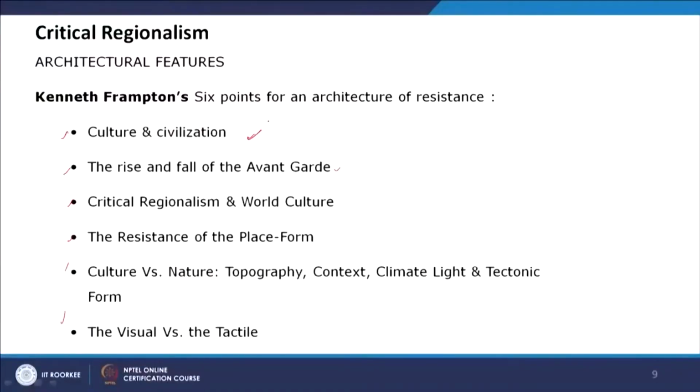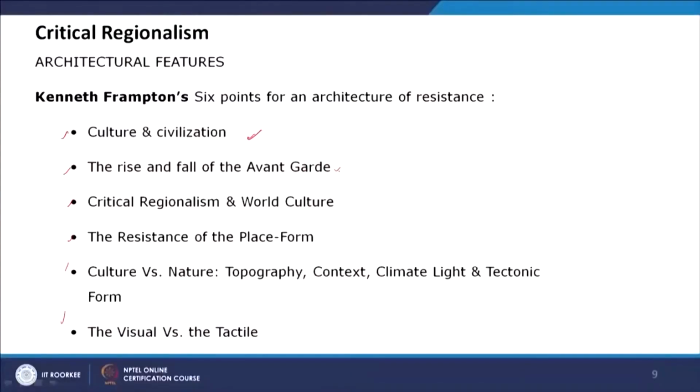What is critical regionalism? What is the meaning of critical regionalism in today's context? So in the first paragraph he is talking about the culture and the civilization, how the culture and civilization started forming, and then rise and fall of avant-garde, which is part of the modern movement.